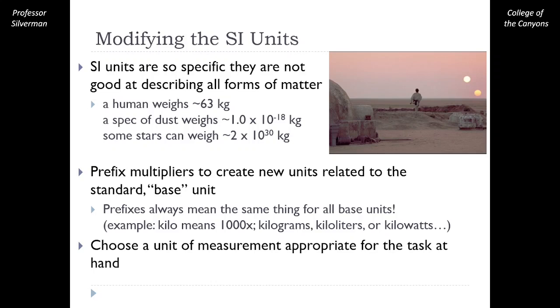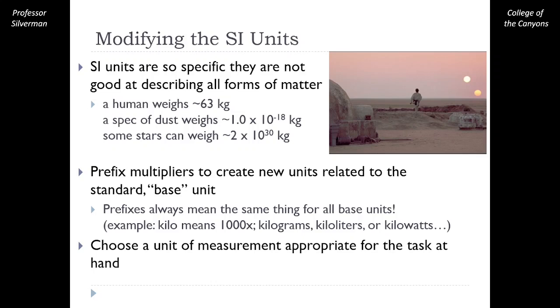As we said, our SI units are not always the most convenient, but that's okay. We can always adjust the size of our units by adding a prefix. This prefix changes the size of our base unit, and those prefixes are very generic. We can use them in front of any kind of unit that we want.